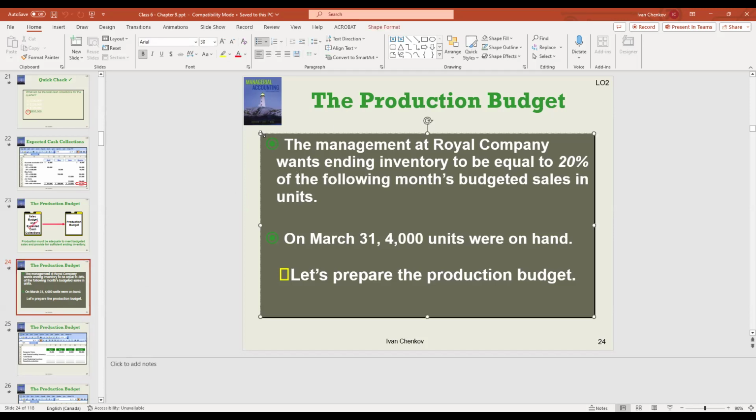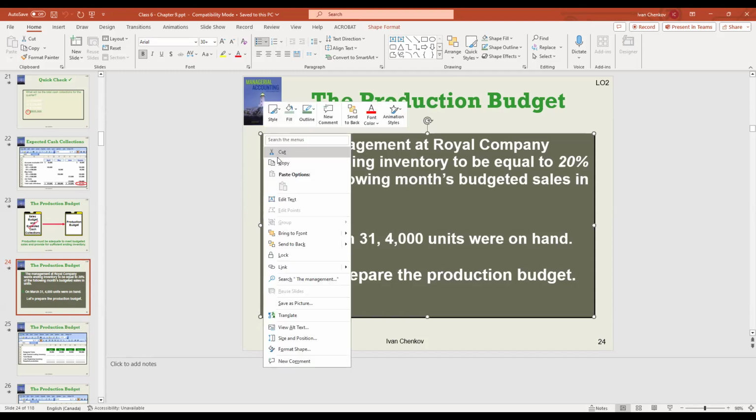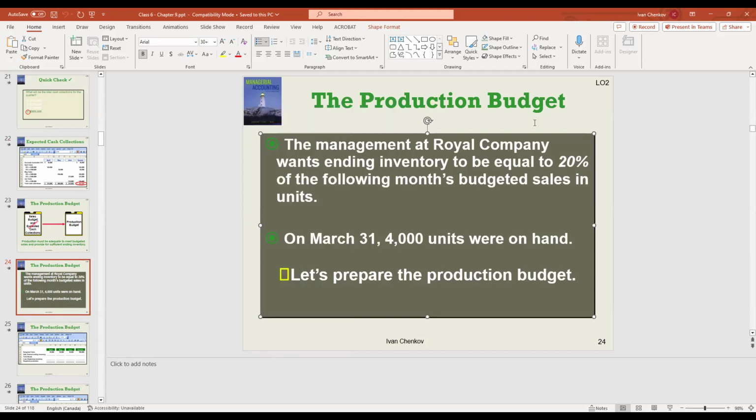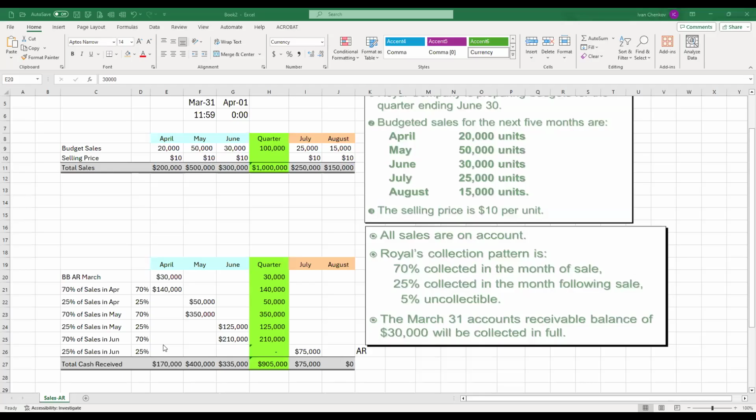I'm gonna copy this one and move again to the Excel spreadsheet. Can you guys see my Excel spreadsheet? Yeah. Awesome.